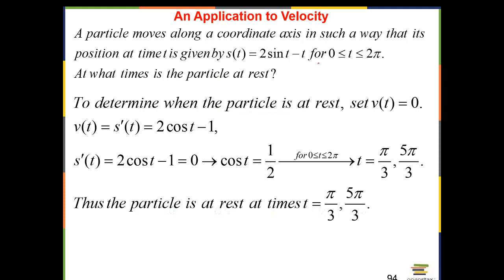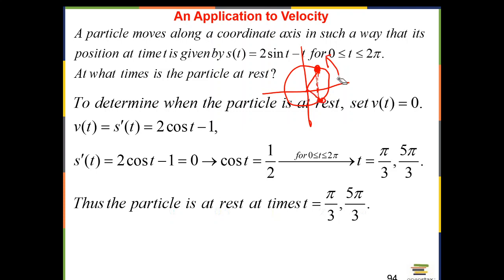And you know that on the unit circle, from 0 to 2 pi, if you go around one time, when is it that cosine is 1/2? Well, cosine 1/2 happens here, right? So either the angle has to be that one, or it has to be this one.